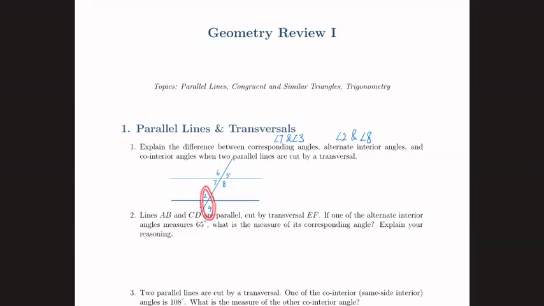Vertical angles. Yes. 2 and 4 are the vertical angles. This vertical is related to vertex. These two angles share the same vertex.